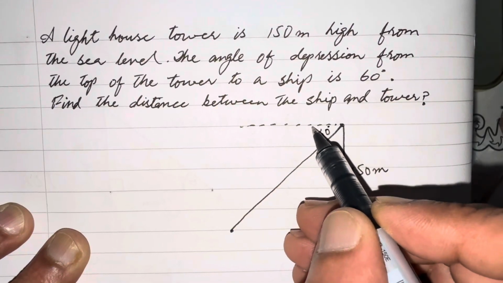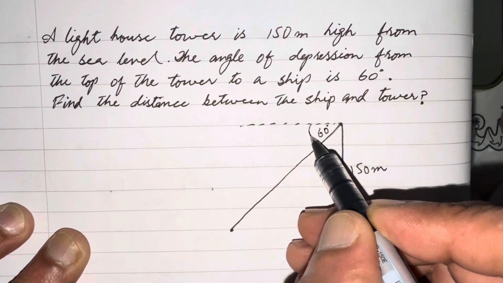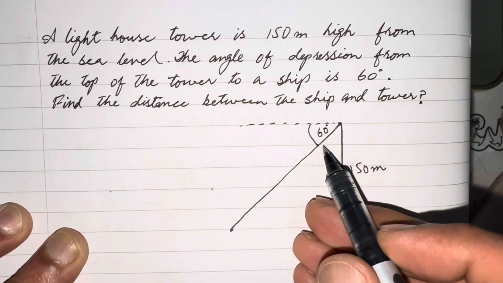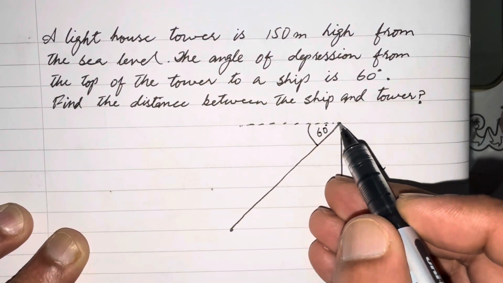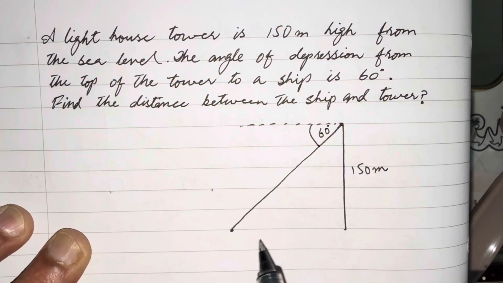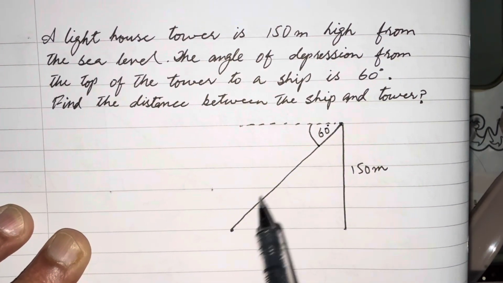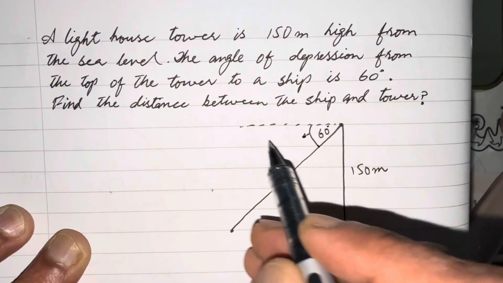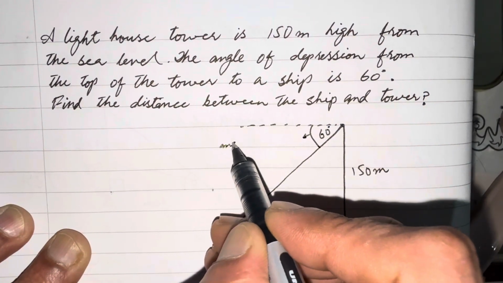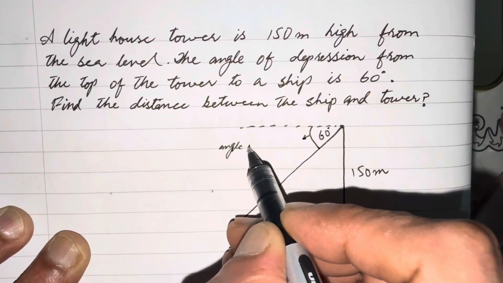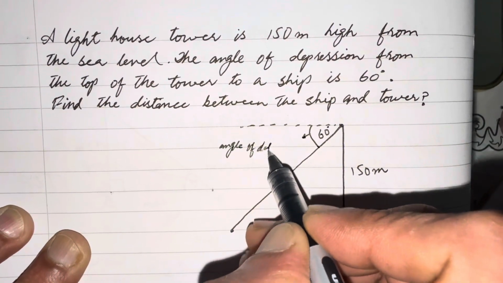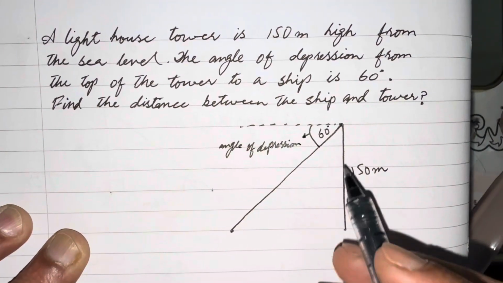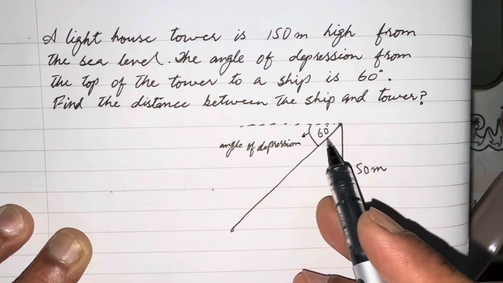This angle of depression is made with this straight line on the outer side of the right angle triangle at the top of the lighthouse tower. That is called the angle of depression. So the angle of depression is 60 degrees.